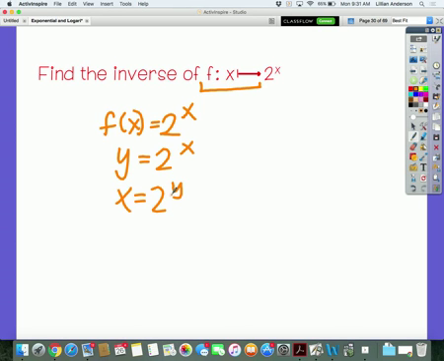solve for y. Now, to get the y out of the exponent, you have to take the log of both sides. By taking the log of both sides, that allows you to bring the y that's in the exponent down to the front.